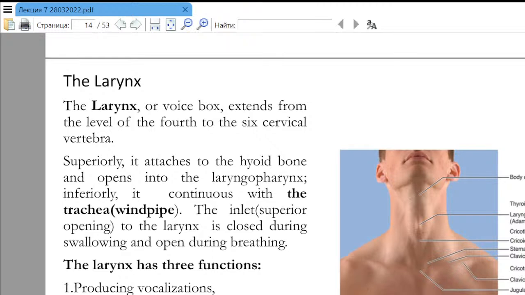This is the larynx, and this is the pharyngeal prominence, Adam's apple, for man.